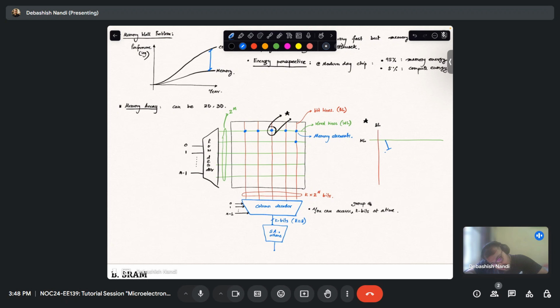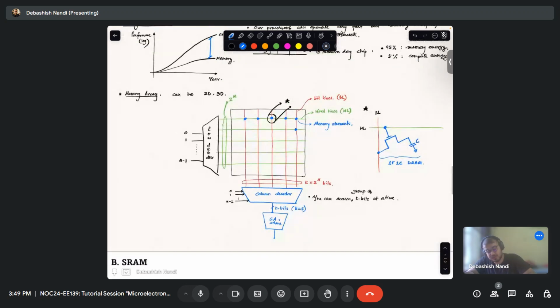Your word line, your bit line, and let's say this is your capacitor. So this is basically your memory cell, 1T 1C DRAM. Fine. So this block will be connected at every intersection of the word line and bit line. So this is how your memory array is made.